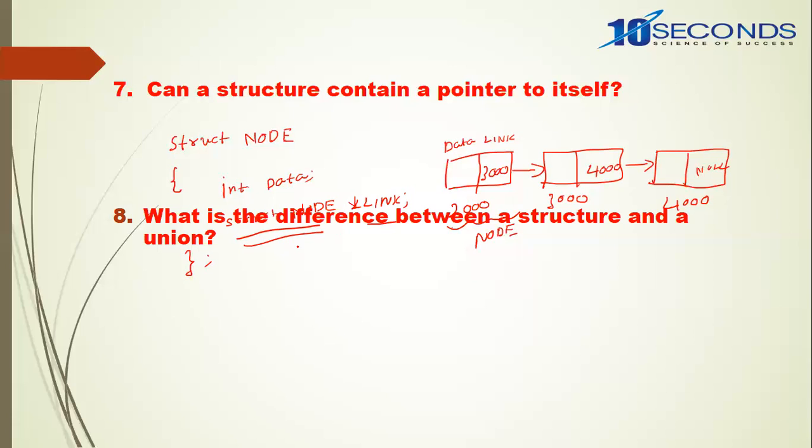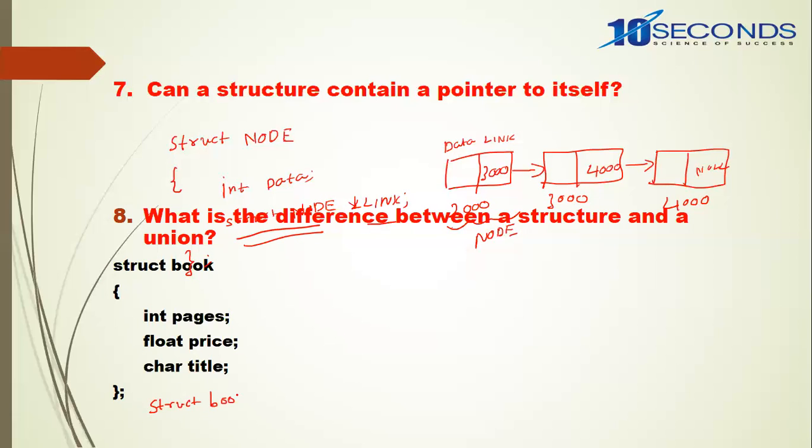What is the difference between a structure and a union? In structure, I take for example, struct book, int pages, float price, char title. Here, think of I struct book B1.